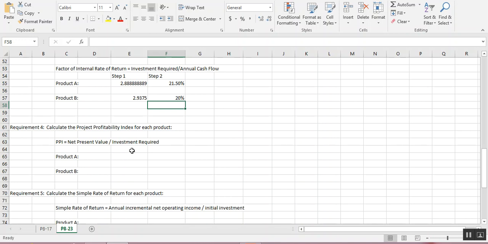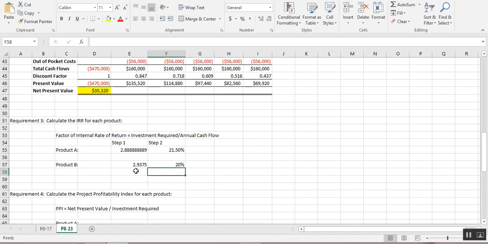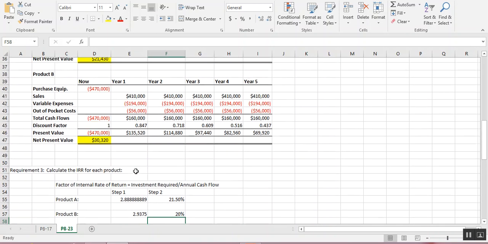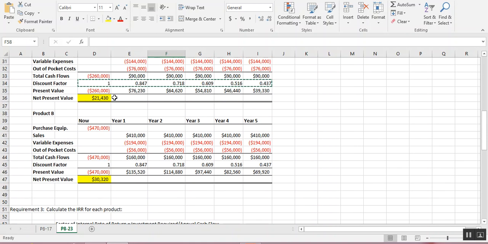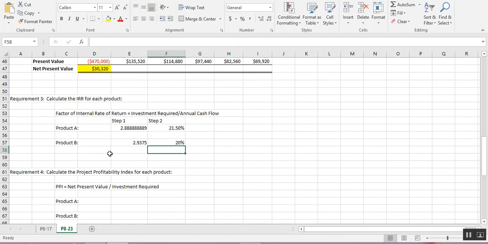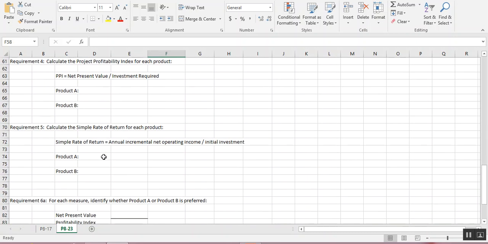So our net present value for product A, and I'm actually in requirement 2, which is where we calculated the net present value. So there's our net present value for product A was $21,430. So let's go back down here.